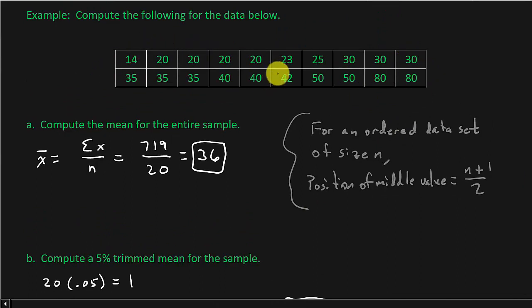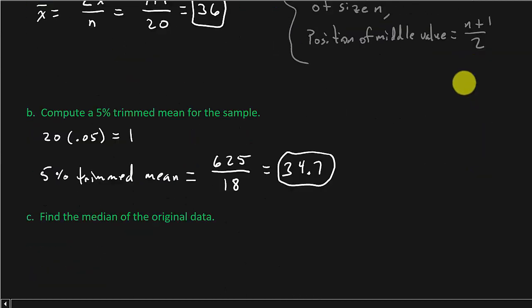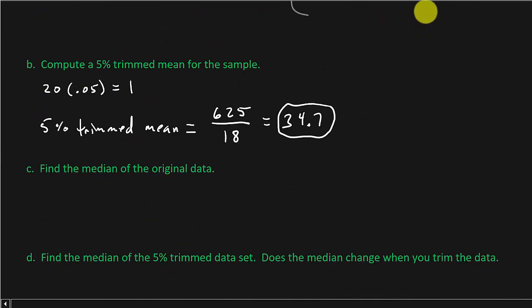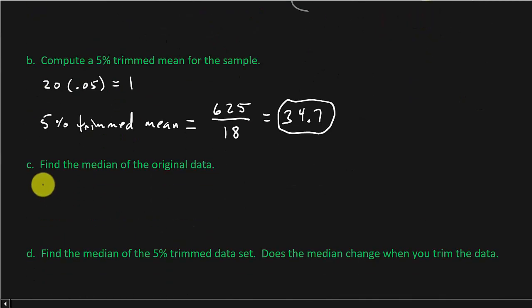We're looking for the median here. How many data values do we have? We have 20, so n is 20. So we have 20 plus 1 over 2, which is equal to 10.5.